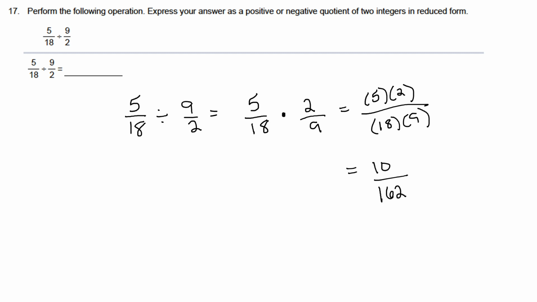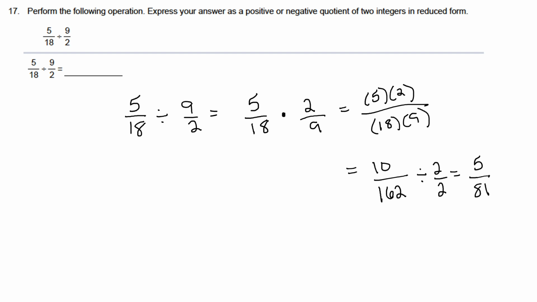Now I want to find a number that divides evenly into 10 and 162. So both of these numbers are even, so I know that they're both divisible by 2. So 10 divided by 2 is 5, and then 162 divided by 2 is 81.